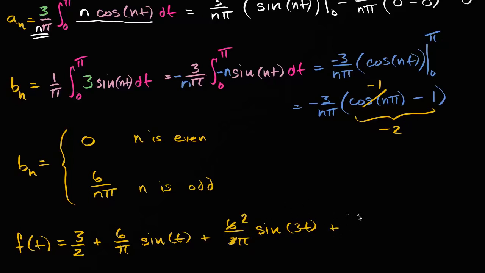So that's going to be 6 over 5 pi. It's nicer to actually not simplify here because you can see the pattern. So it's going to be plus 6 over 5 pi times sine of 5t. And we're just going to go on and on and on. And there you have it. We have our Fourier expansion. In the next video, we're actually going to visualize this.